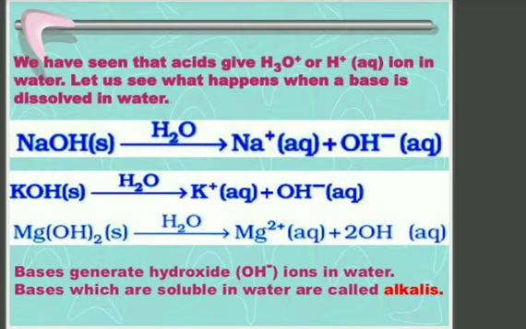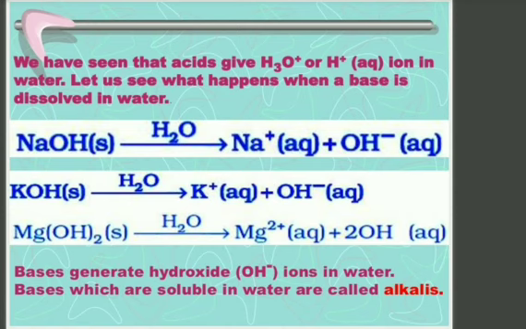Now next, earlier we have read what will happen when acid reacts with water. Now what will happen when any base reacts with water? You know that NaOH, sodium hydroxide, whenever it reacts with water, will dissociate into Na+ and OH-.